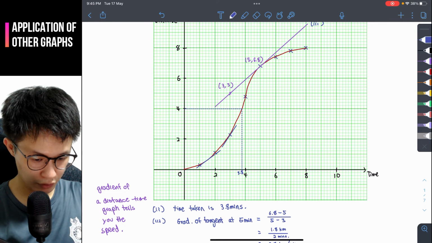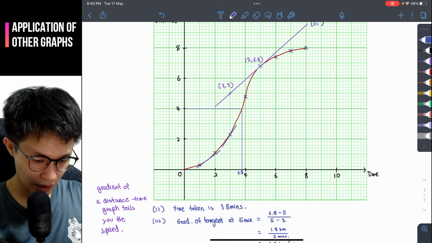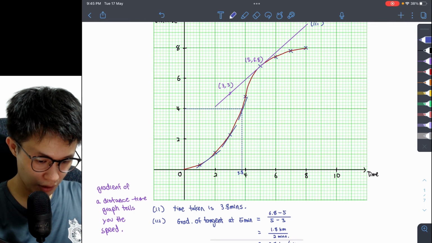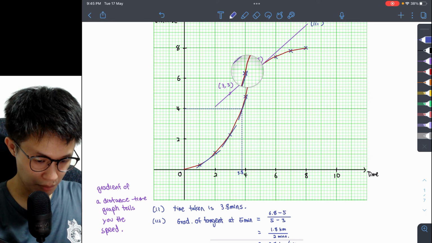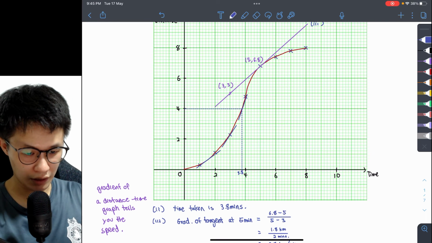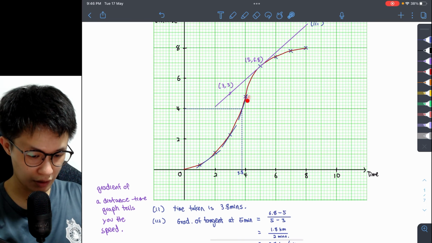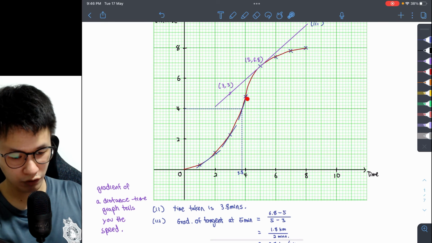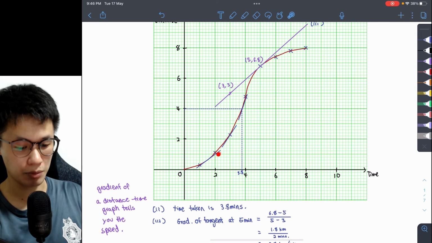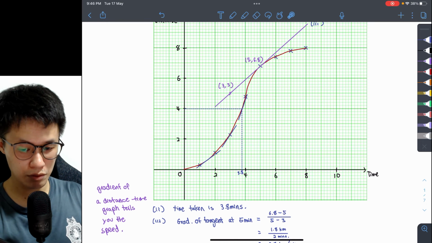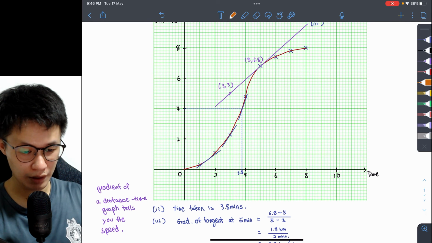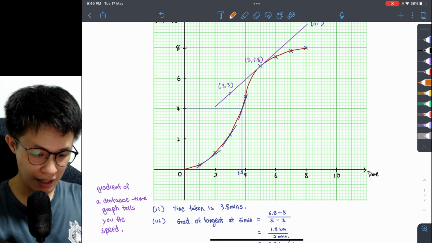And then I have a gradient here at this point. As you can see, for the first 4 minutes, can I say that the gradient is in fact increasing? It's getting steeper and steeper. Just pay attention here. The gradient at all the points for the first 4 minutes is getting steeper and steeper. However, when you go past the 4 minutes, the gradient gets less steep.